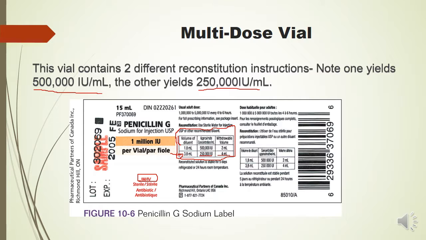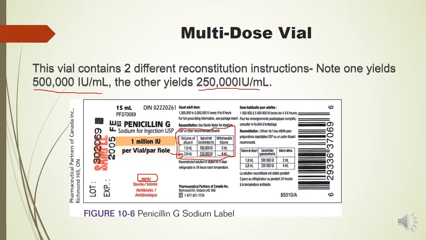Okay? So when we look at this drug label, here is this lovely little chart that gives us our different diluting instructions. Okay? And here we have, and it's a little difficult to read, but this is volume of dilutant. Okay? So that's our amount of sterile water. Okay? And then it says concentration, okay, in the middle there. And then it says volume. Okay, so that's final volume.